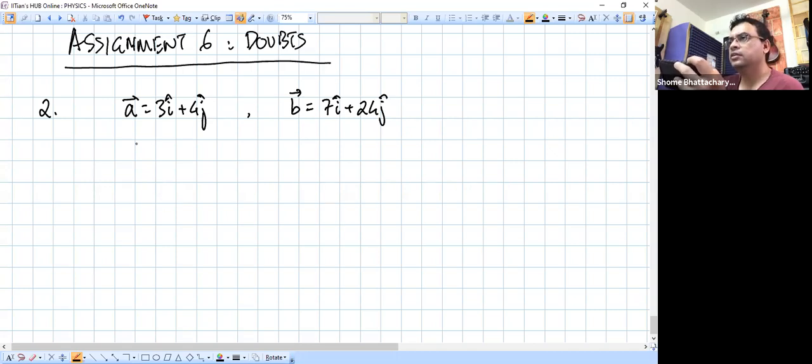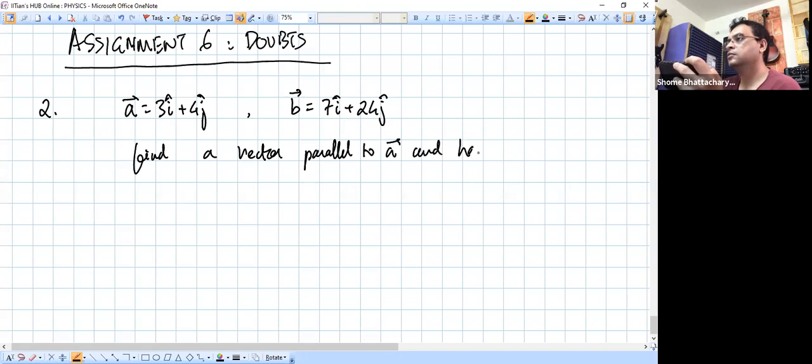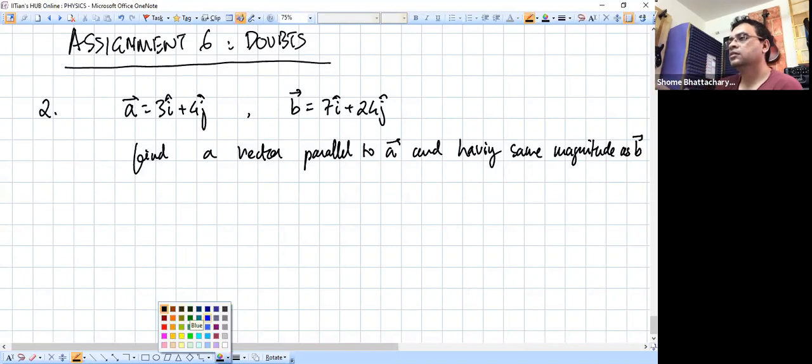Now we have to find a vector parallel to A and having the same magnitude as B. Okay. So parallel to A, so let us say this vector is C.